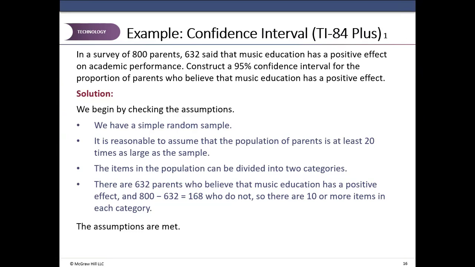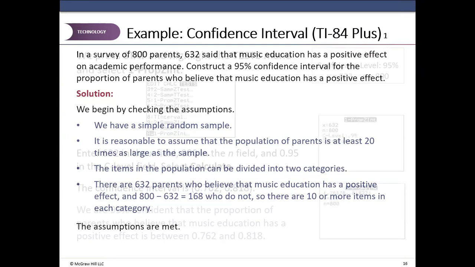That is, 632 is a success. So failure is 800 minus 632, which is 168. Both the number of success 632 and the number of failure 168 are greater or equal to 10. So we can assume that the sampling distribution of P hat is bell-shaped.